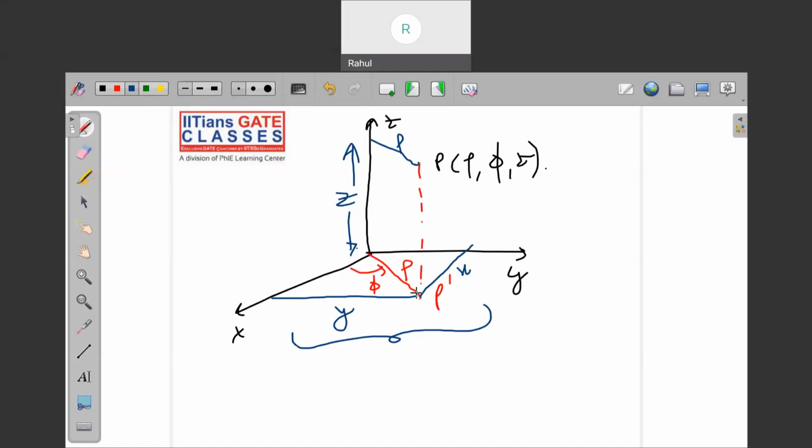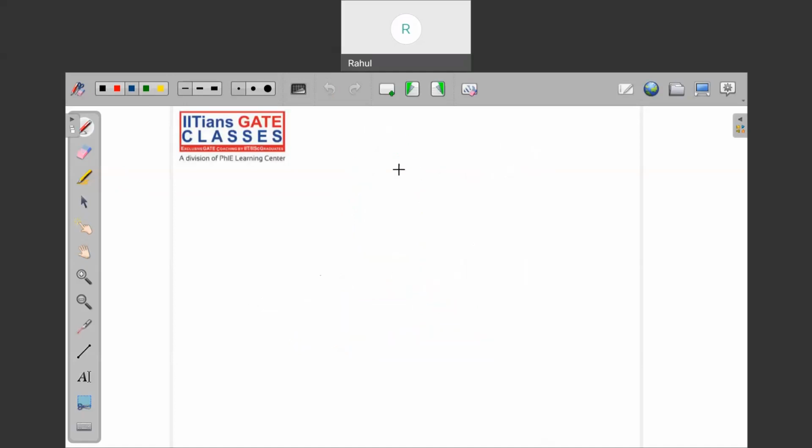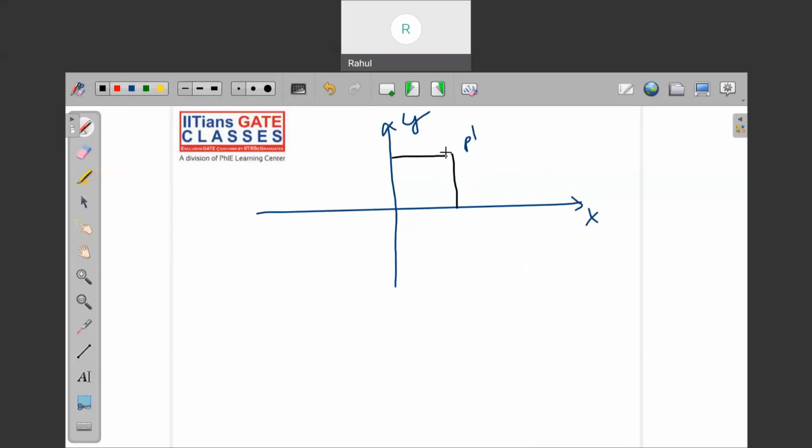This is the xy plane, and this point P dash is here. We can draw the perpendicular on the x-axis, the perpendicular on the y-axis, and join these two points. This is rho, and now it becomes two-dimensional polar coordinates.